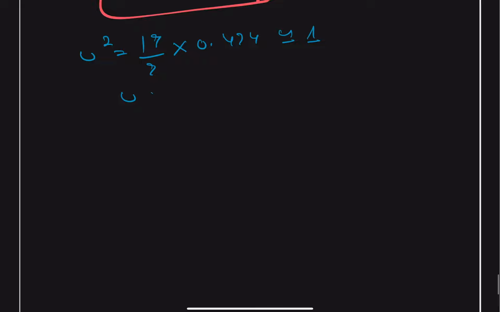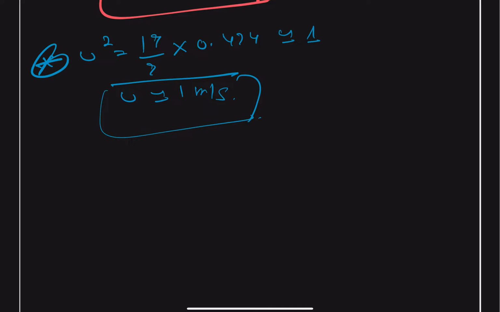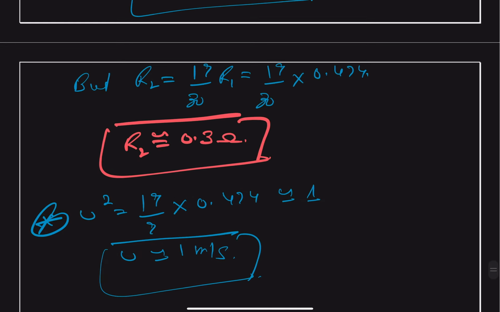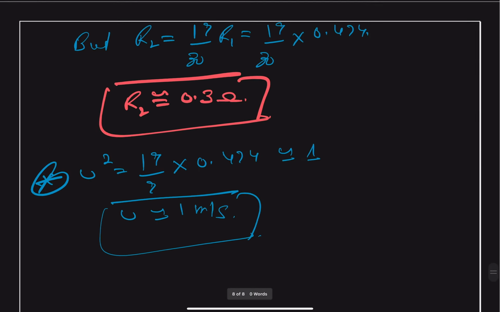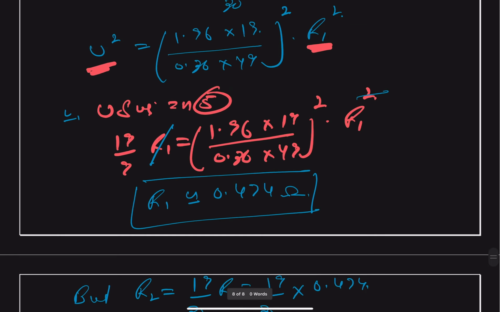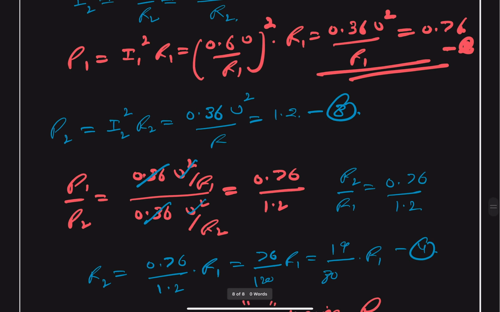Therefore, V is approximately equal to 1 meter per second. So we found out the value of R1, R2 and the velocity, and that was the required.